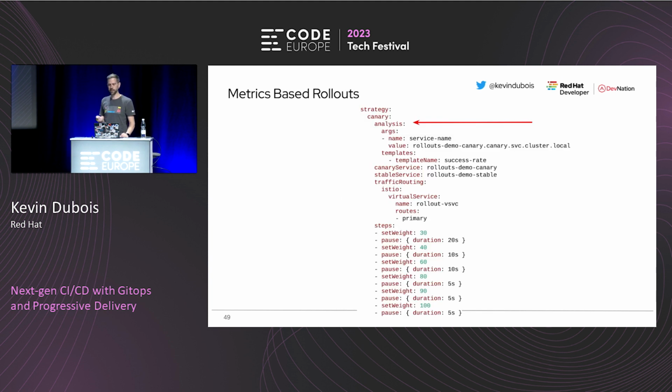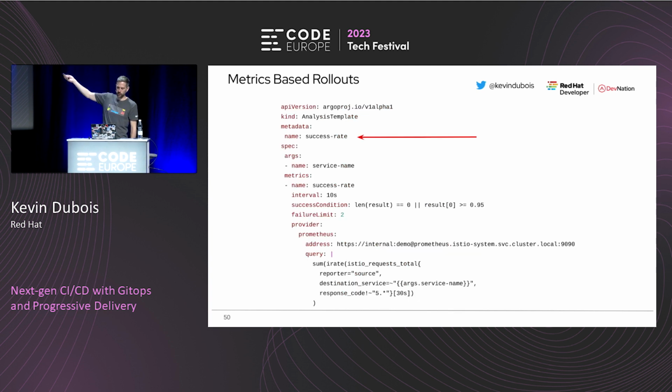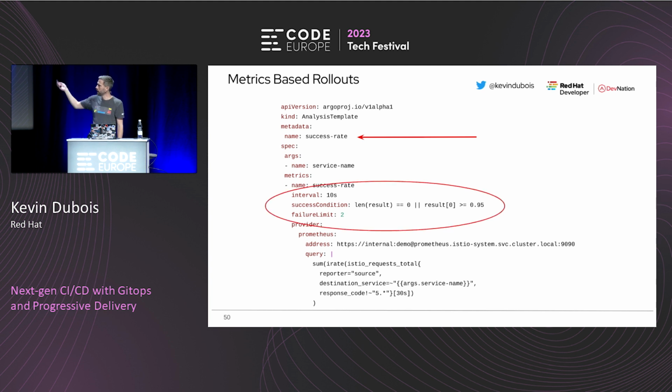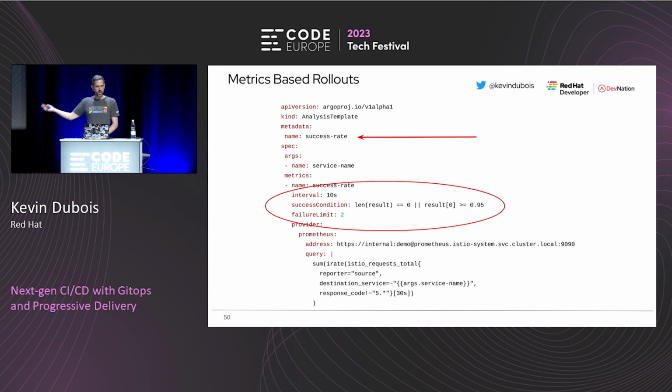And you can do that with the same Argo Rollouts. You can add an analysis template to it. If you look at the template name, that's success rate, and then I have an analysis template that matches, of course, with that name. I have an interval which says every 10 seconds, check if my success condition is true.